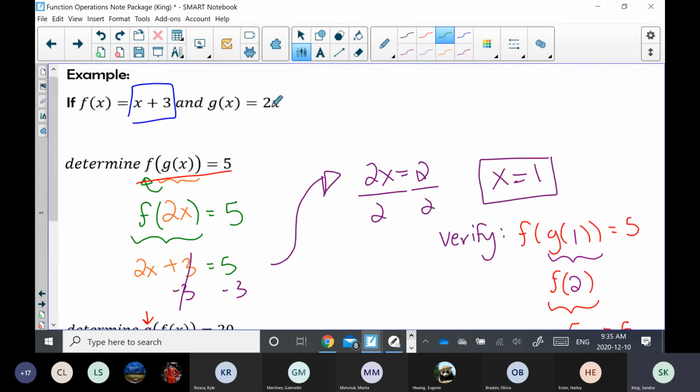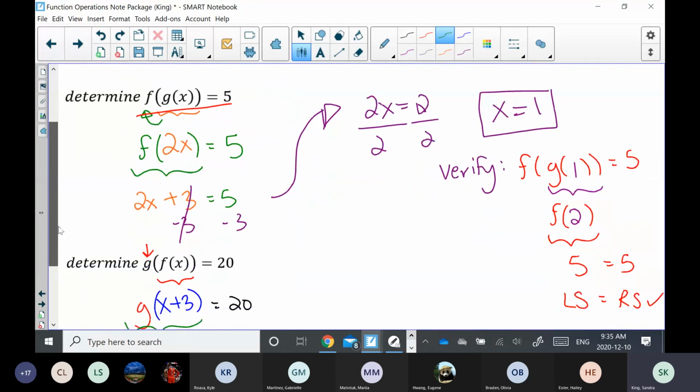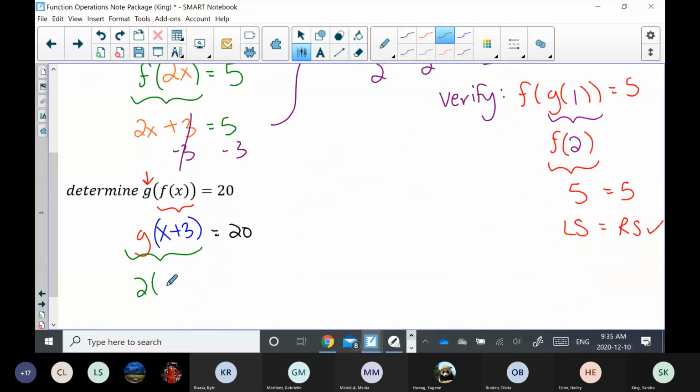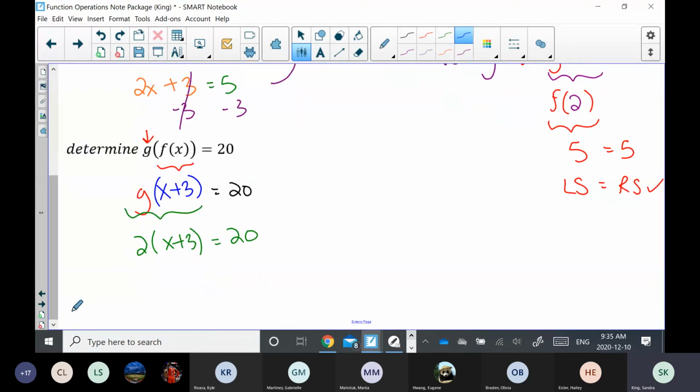So my g function was right here. This x comes out and x plus 3 goes in, but don't forget that 2. So it's going to be 2 times x plus 3. That is equal to 20. From here, get rid of your brackets and solve for x.